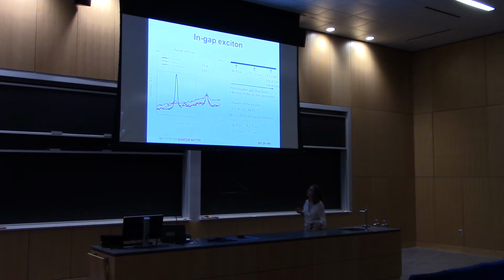So with the width of this exciton, we can identify that even with samarium vacancies below 1%, we already see a considerable density of states in the gap.